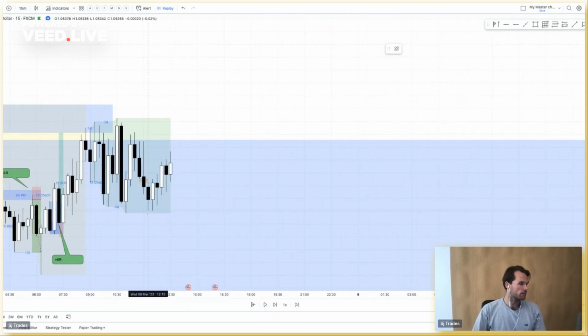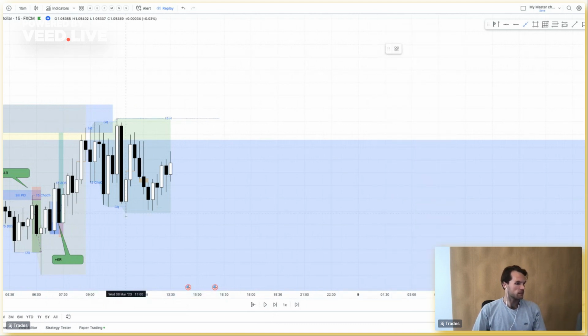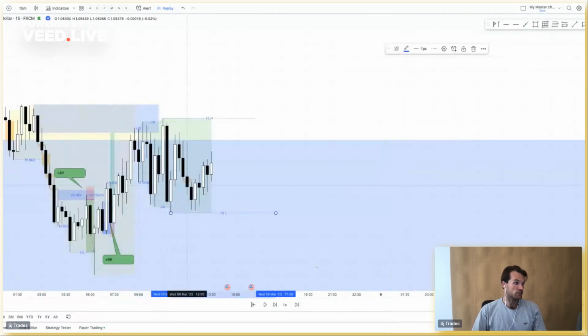Essentially right now, there's a 15 high, I guess, a 15 low in terms of this range. Choch low.